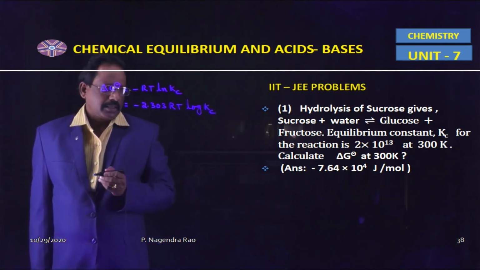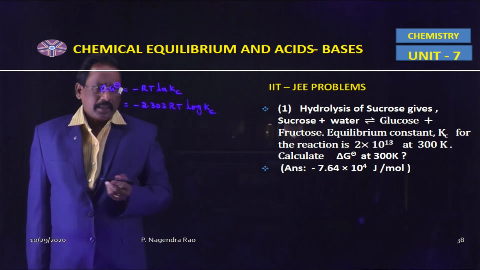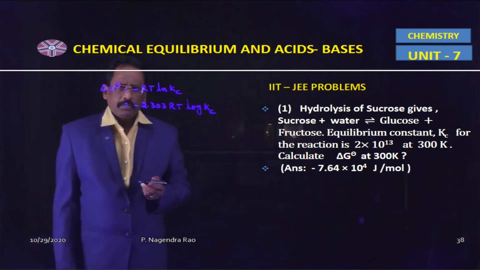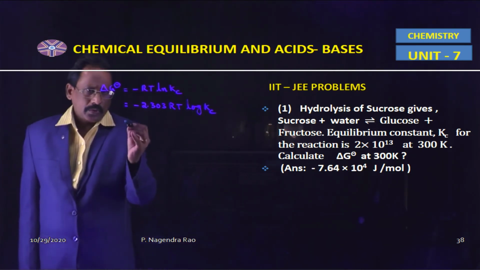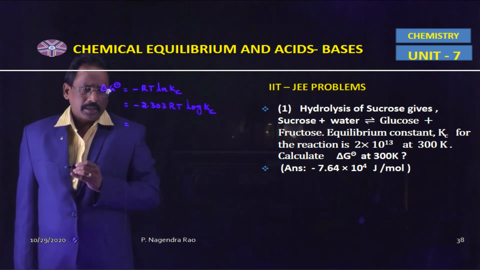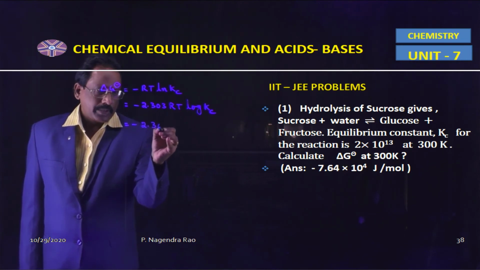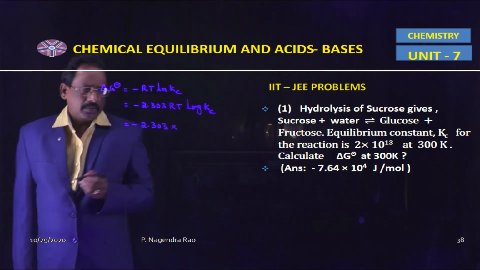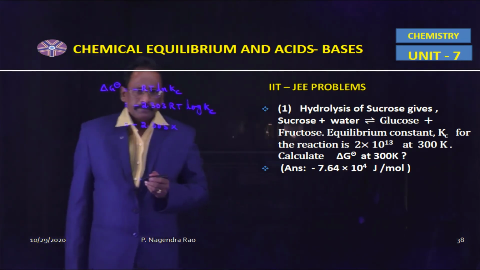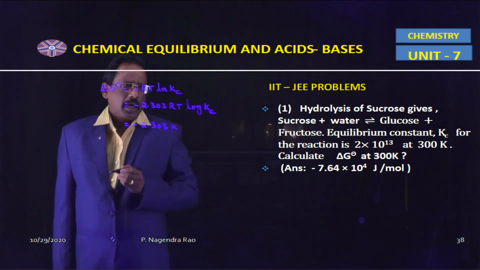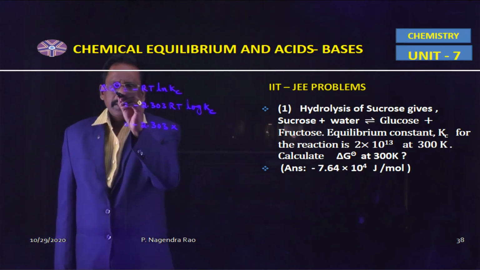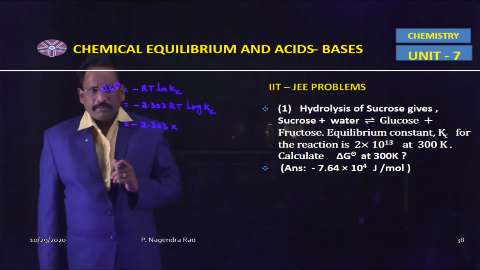Temperature is given, Kc is also given in this problem. So delta G is equal to minus 2.303 into R. This is an energy term.